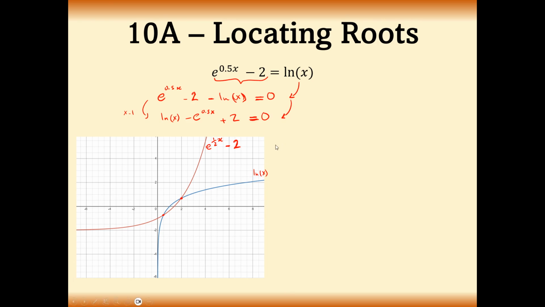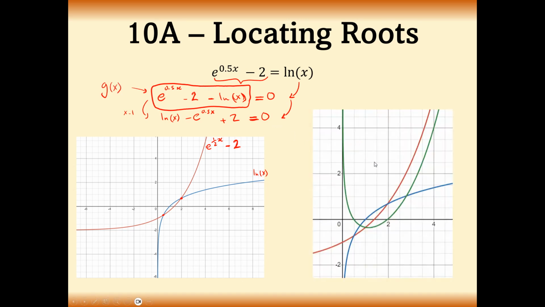Now, we can go ahead and plot this function. If we call this a new function, let's say g of x, and plot it on a graph, we end up with this green curve. This is the equation when we have equated one side of the equation to 0.